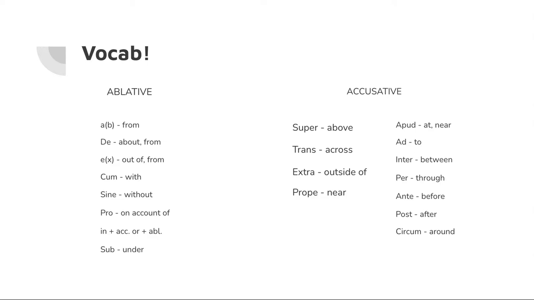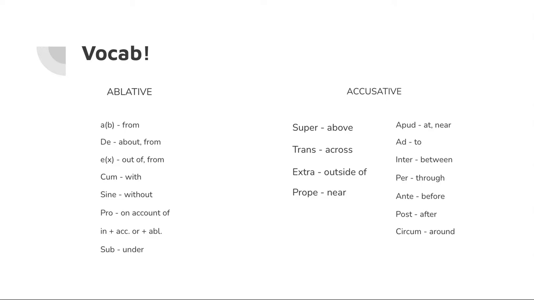Pro, on account of. In can either take an accusative or an ablative. In plus an ablative is just regular in. And sub means under. Now these are the words that take the accusative.